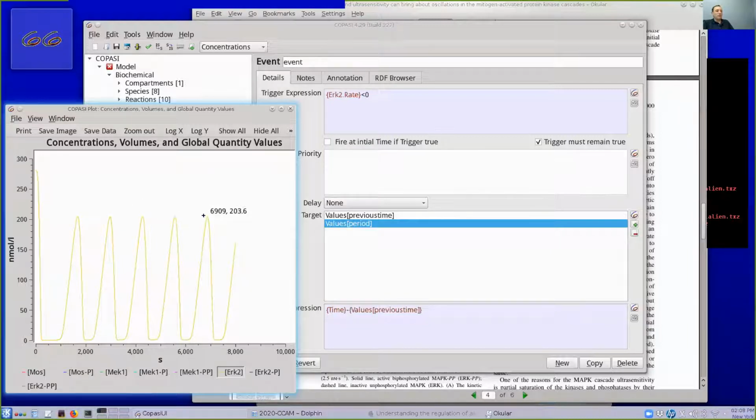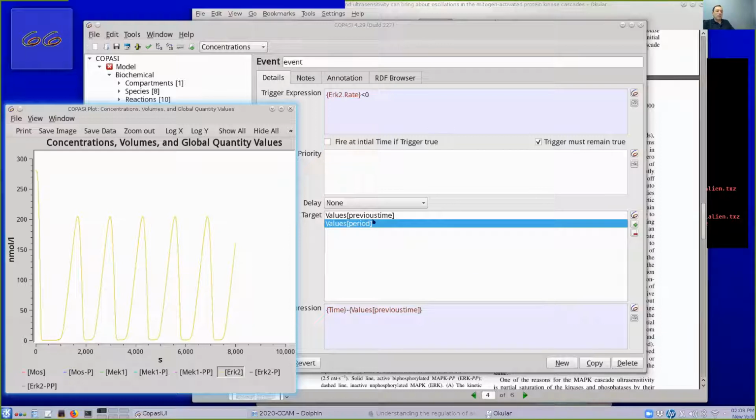COPASI has forgotten the values before, but that's okay, because in fact, the first oscillation is not the final period, it's still stabilizing. So we're going to use the value of period here. And so that is the current time minus the previous time, where the previous time was assigned in the previous event.